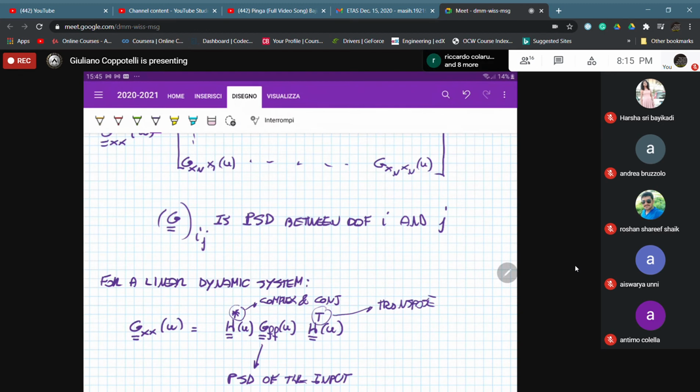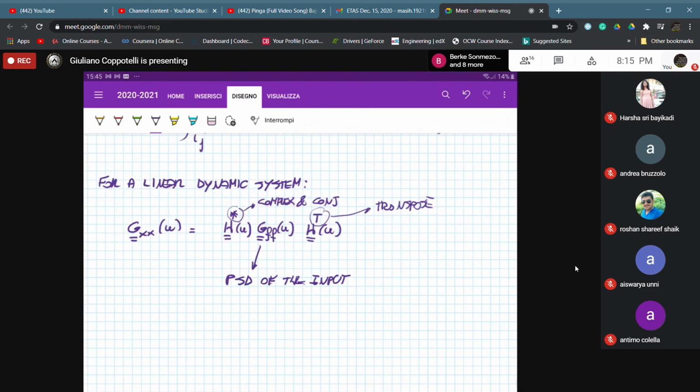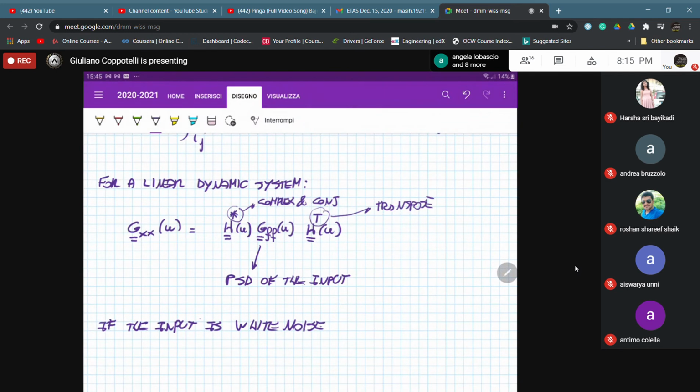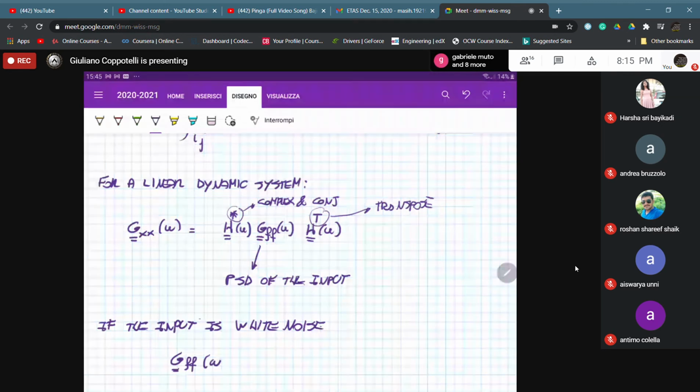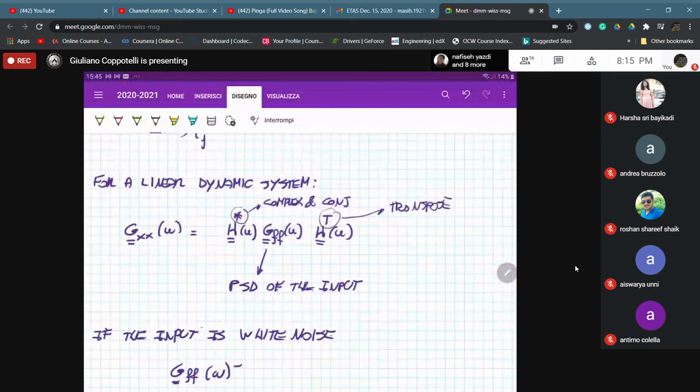Now we can assume, and that is the main hypothesis, that if the input is white noise, that is stochastic with zero mean value, then Gff, the power spectral density matrix evaluated between all the possible inputs, is a constant matrix.